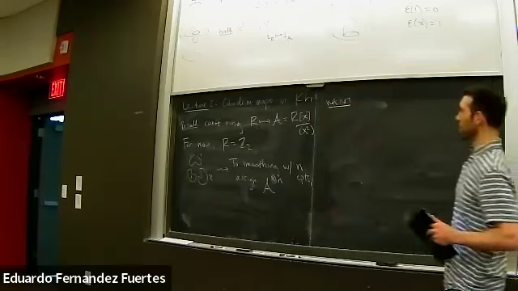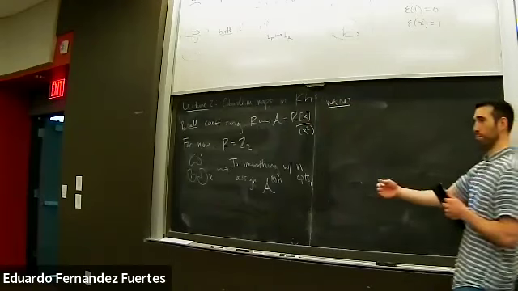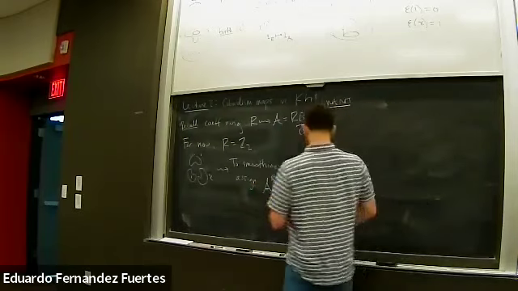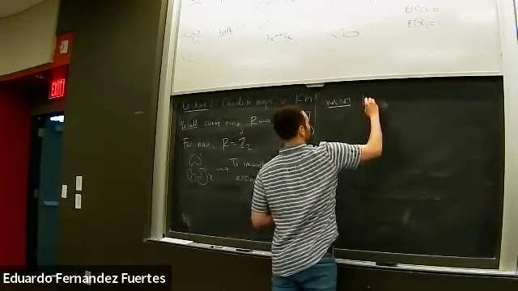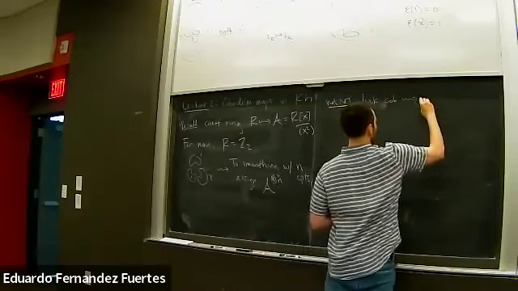If we have a link cobordism, giving me a morphism between link diagrams, we want to think about what that is supposed to do at the level of labeled smoothings. So we want some link cobordism to give us some cobordism map.